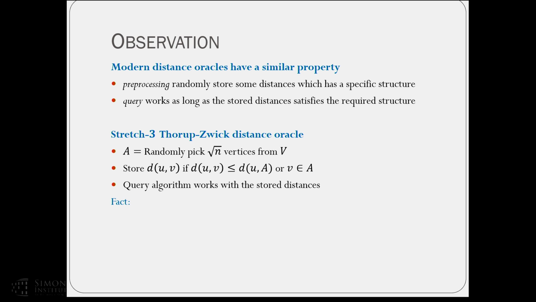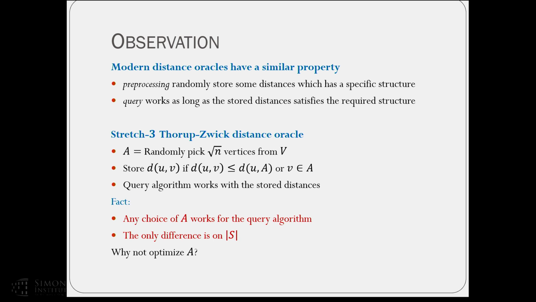There is an easy fact that hasn't been mentioned anywhere before, which is that any choice of A works for this query algorithm. And the only difference is in the size of the data structure. So why not just optimize the choice of A and reduce the size of the data structure?